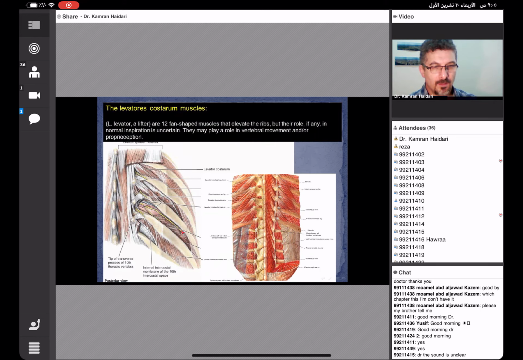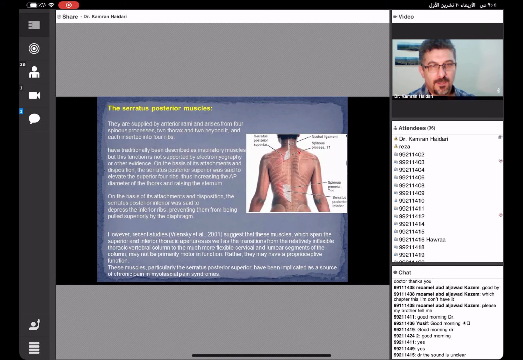I show you in this picture. This is the serratus posterior superior, arising from the ligamentum nuchae, C7 to T3. Here are the spinous processes, and the direction is infralateral. The serratus posterior inferior is larger than the superior one.